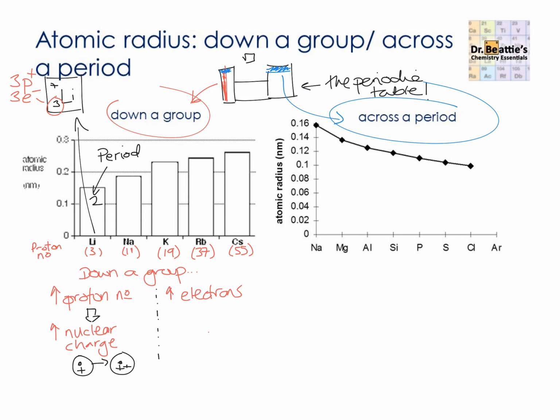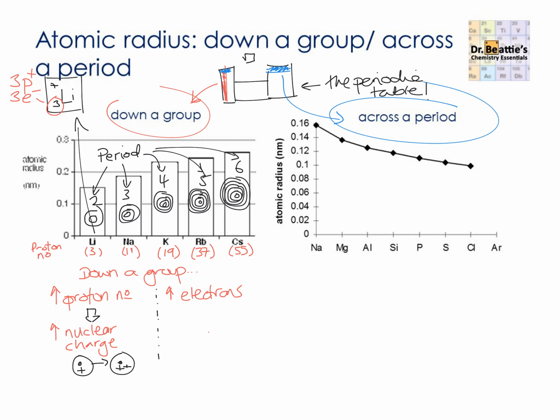So lithium has 2 shells, the first having 2 electrons and the second having 1 electron, making up the 3 altogether. Sodium is in period 3, and so has 3 shells. Potassium, period 4, 4 shells, rubidium 5 shells, and cesium, period 6, has 6 shells.